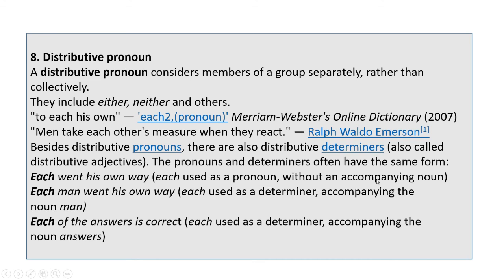In the second, each is a determiner because it accompanies the noun man. So this one is a determiner and this one is a pronoun. "Each of the answers is correct." Each is used as a pronoun. "Each answer is correct": each is used as a determiner accompanying the noun answer.